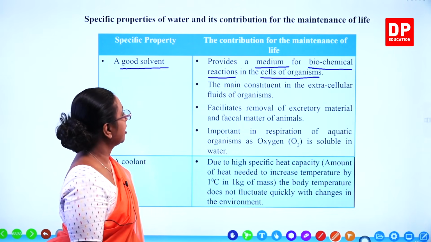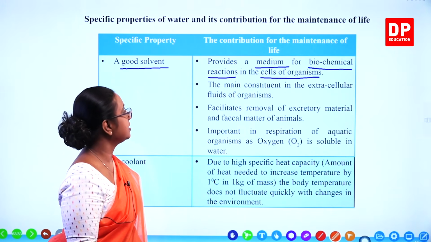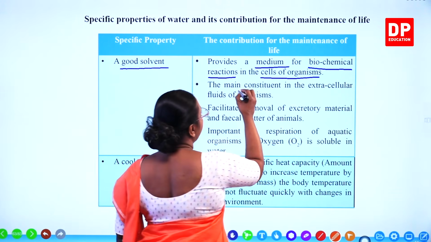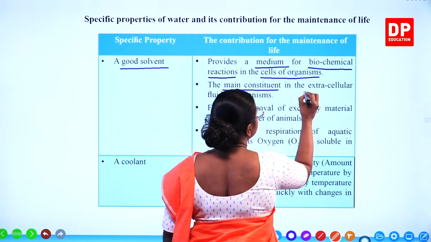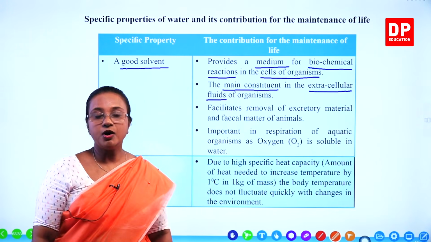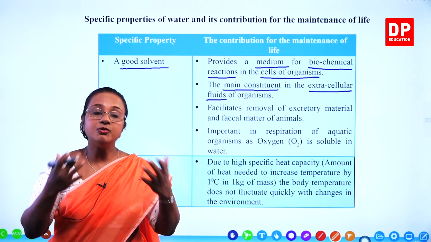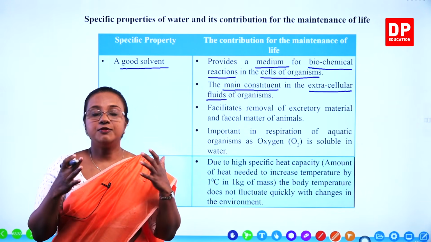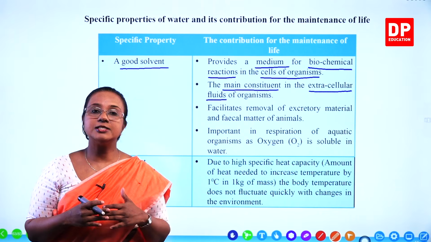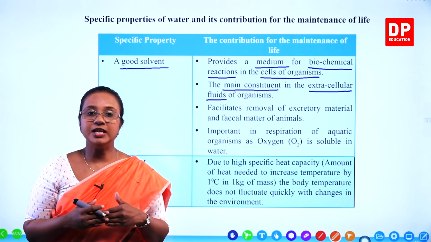The second one is the main constituent in the extracellular fluids of organisms. When you say extra, it is outside the cells. If you take the body of a living organism, it is made up of cells. It is the structural unit.